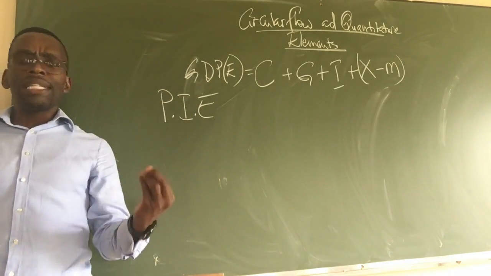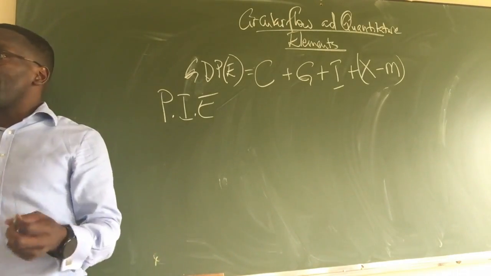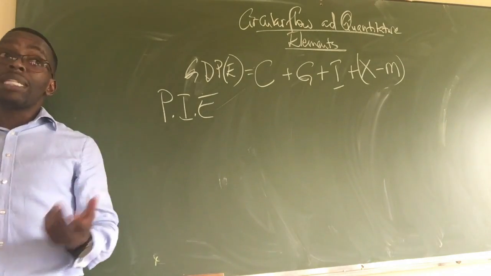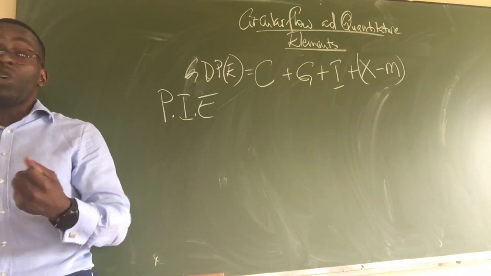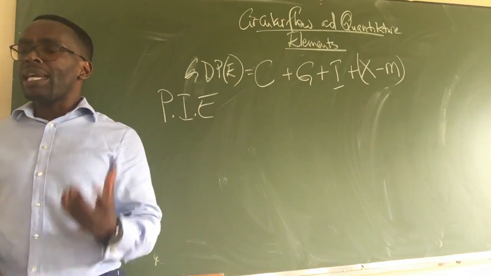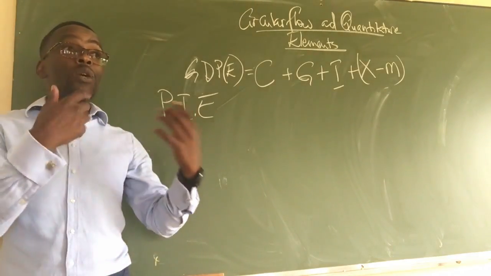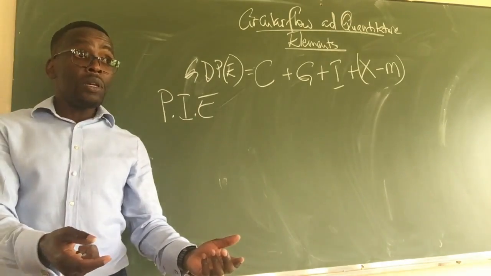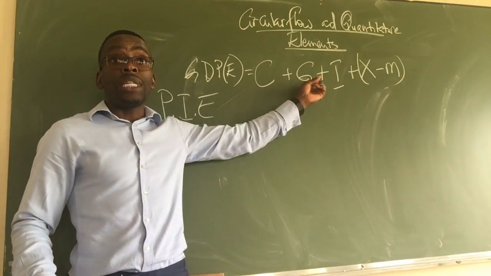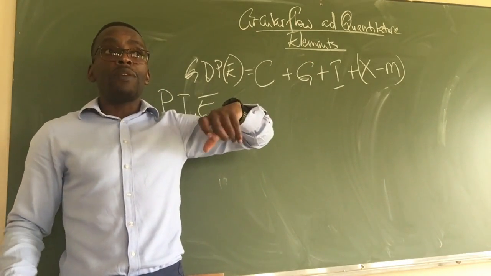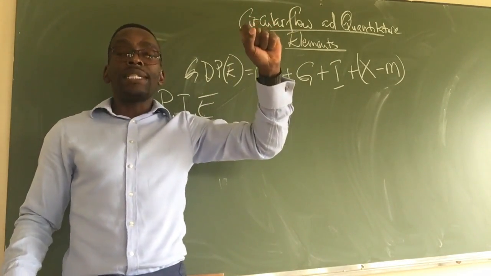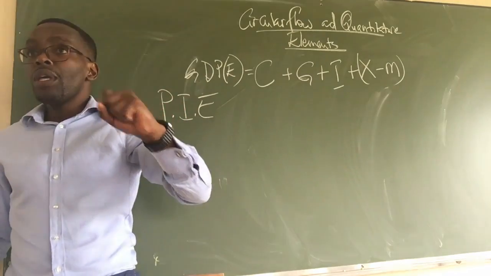Now, normally consumers and government, they do spend money on consumer goods and services. And you will find that the firms and the government, they spend money on capital goods as well. So the consumers and the government are going to spend on final goods and services. Remember, in our circular flow we said businesses provide final goods and services to who and who?